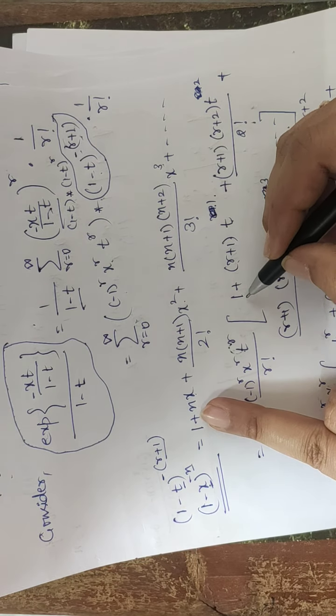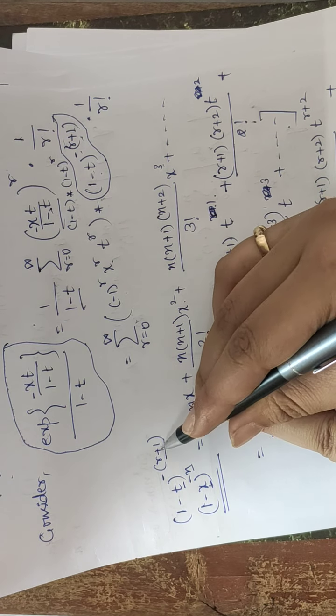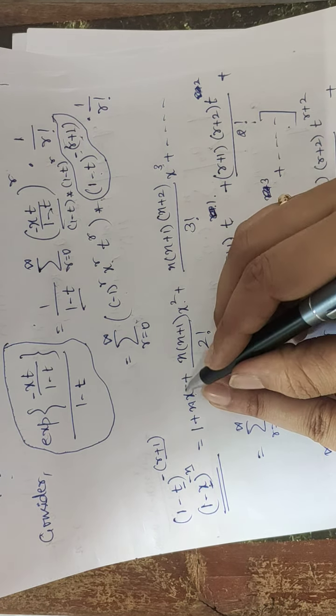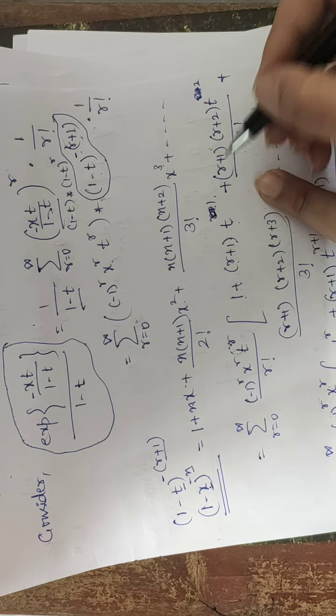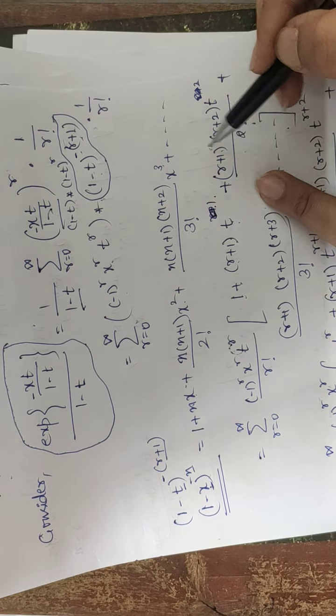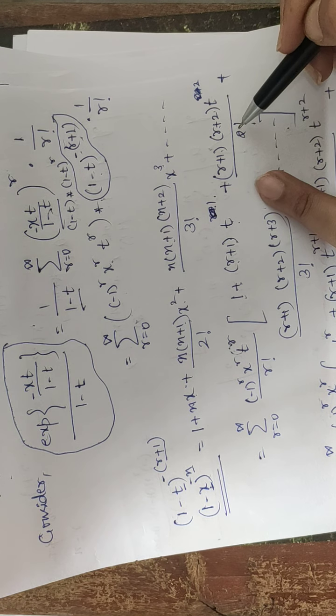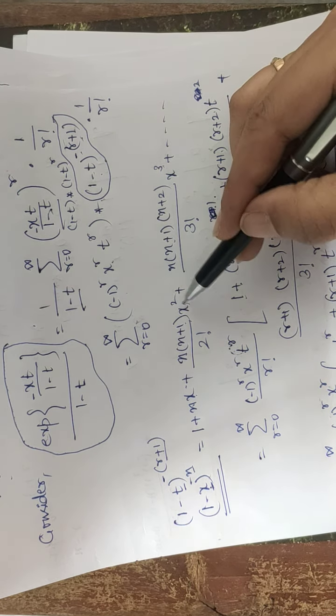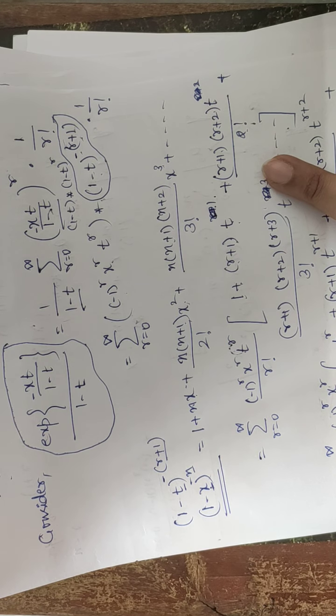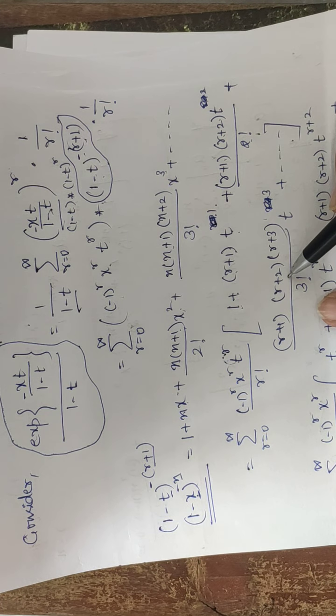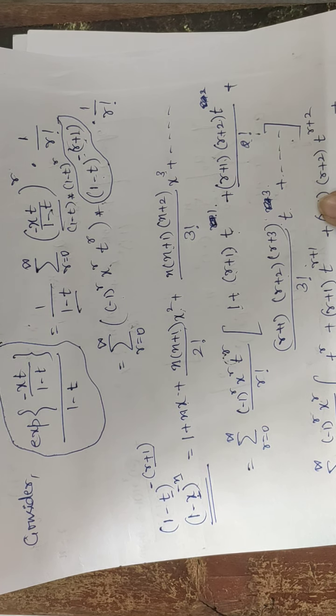So you will get 1 plus n means r plus 1 into x means t plus n means r plus 1, n plus 1 means r plus 2 by 2 factorial, x square means it is t square, plus r plus 1, r plus 2, r plus 3 by 3 factorial into t cube plus so on.